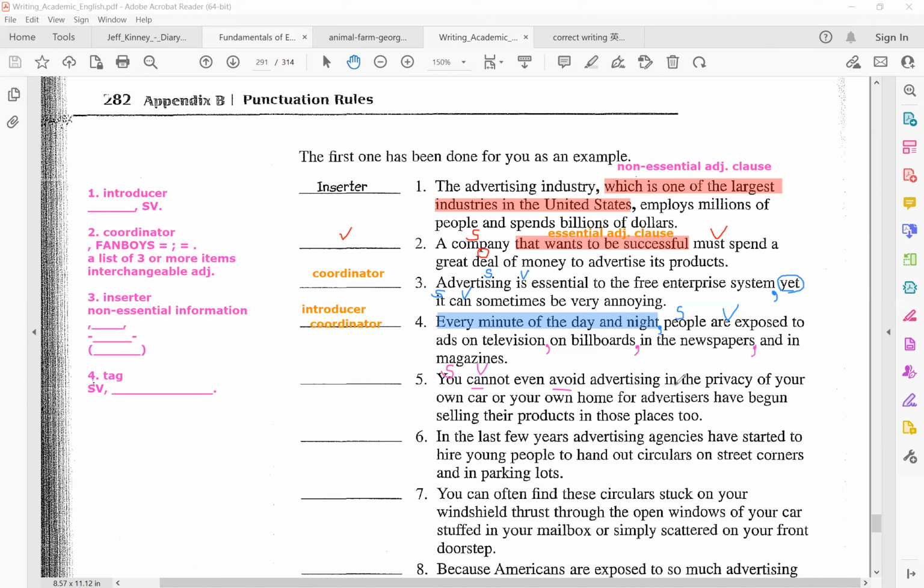And then afterwards, I have advertisers have begun. In between, I have for. So remember, when I have a sentence before and after, I need to use comma, fanboys, and that would be our coordinator comma.